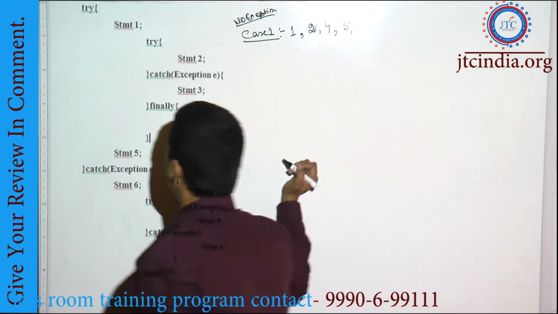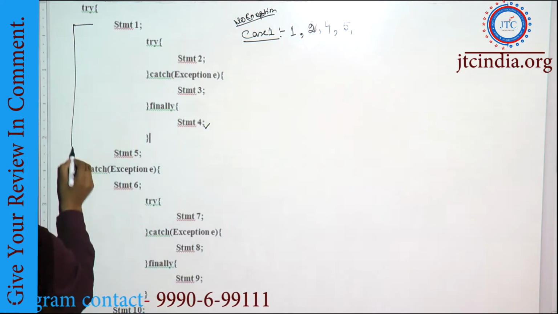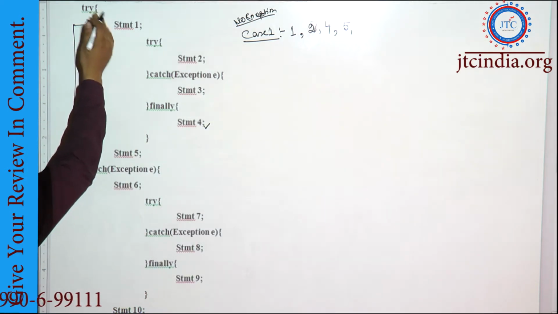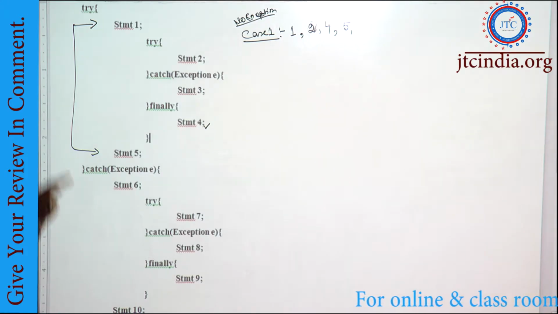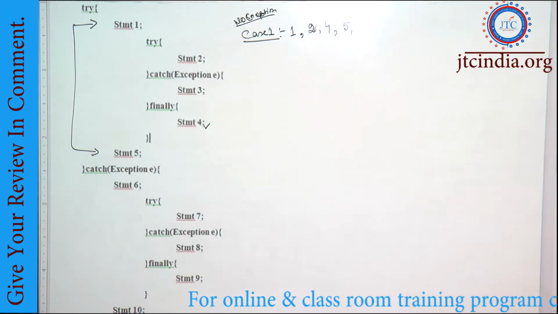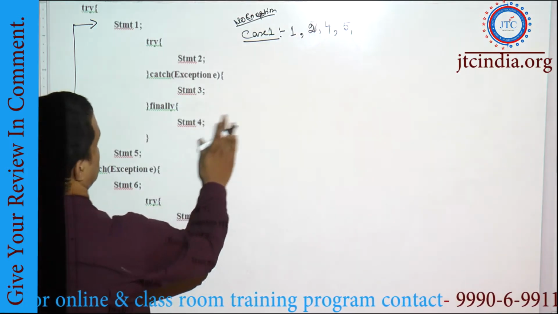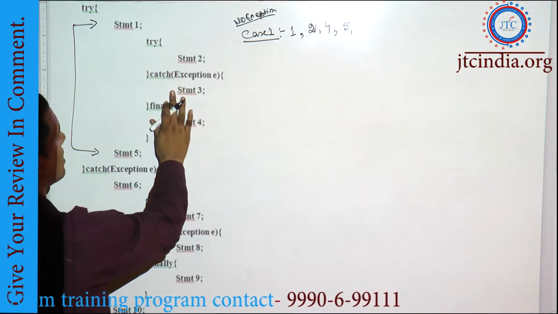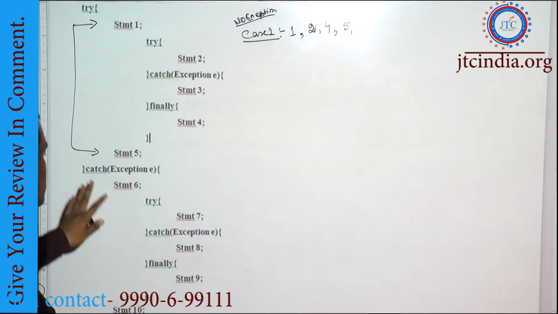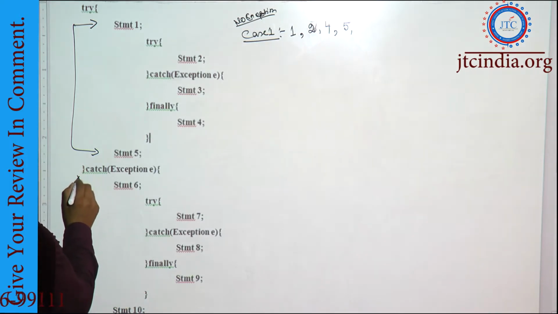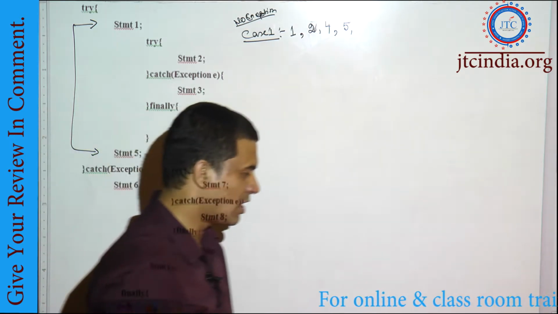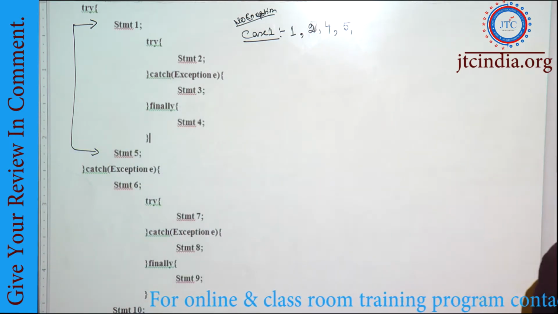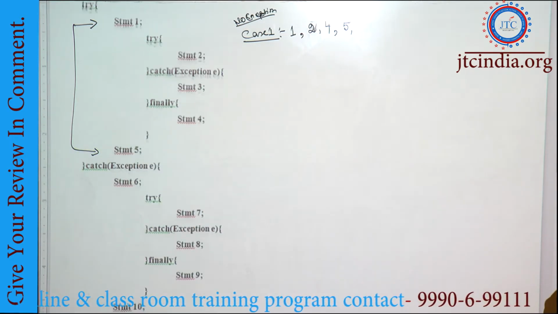Now see, in any of the statements under the try block, no exception occurred exactly here. If no exception occurred, then it is not going to process the catch block, because we know that whenever any exception occurs, only then the catch block is processed.